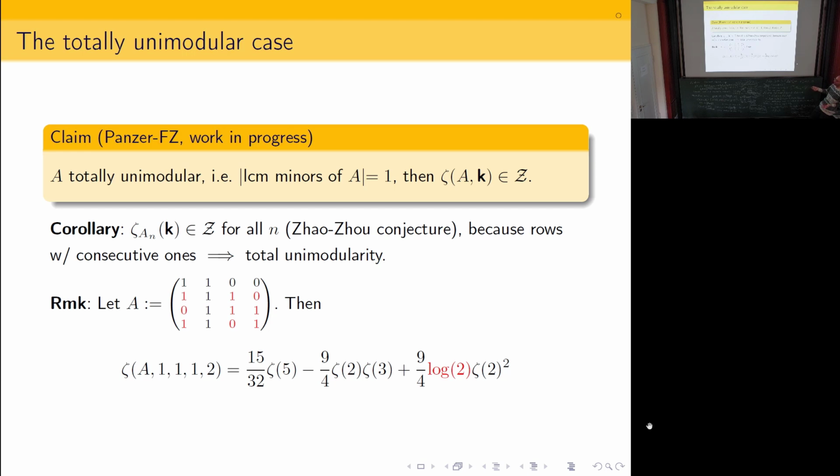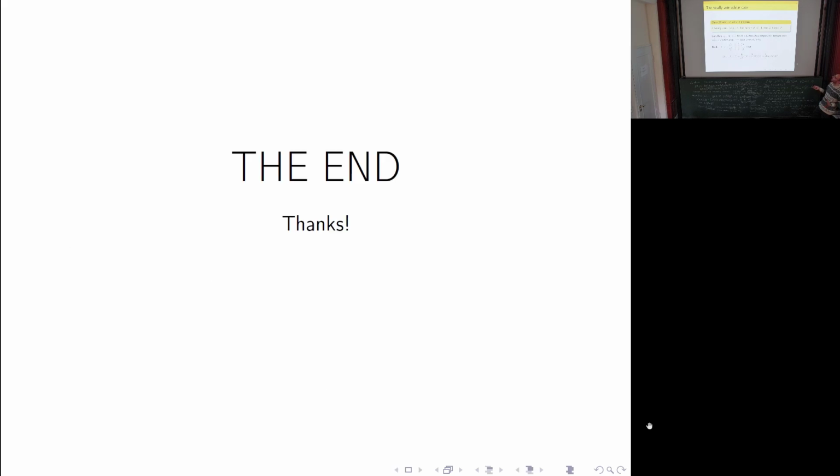This is actually the simplest example you can cook up with some minor which is not 0, 1, and the matrix is only made of zeros and ones. Okay, so I'm going to stop here.